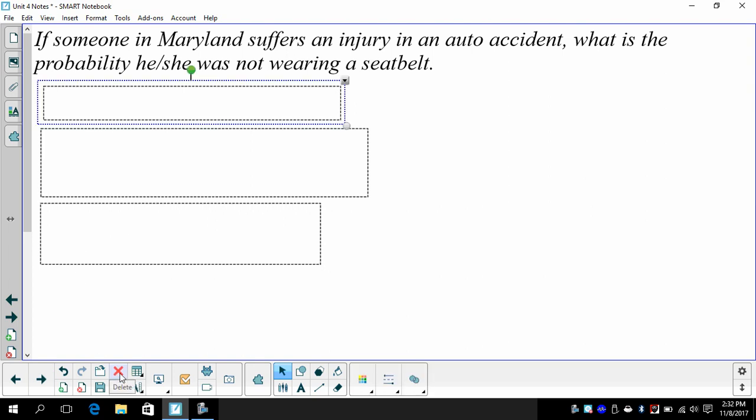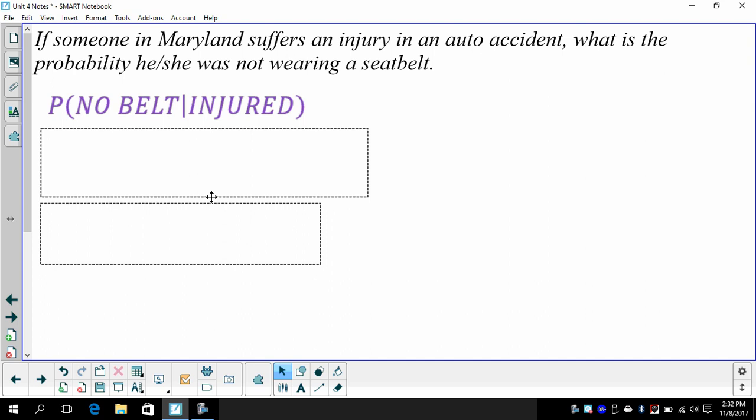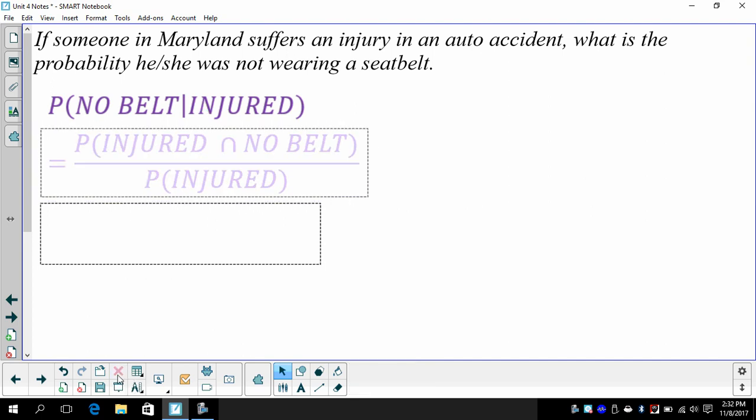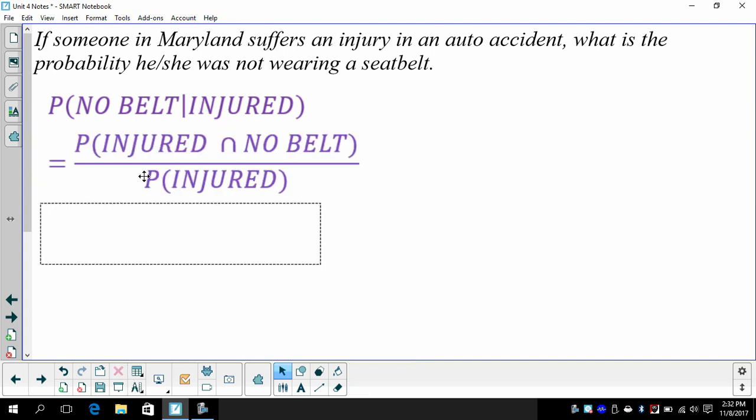We can also use that to find a conditional probability. I want to find the probability that somebody was wearing no seatbelt given that they were injured. So we have a driver who's injured. We want to know the probability that they were not wearing a seatbelt. So this is back to what we talked about last class. We have to find the probability they were injured and not wearing a seatbelt.